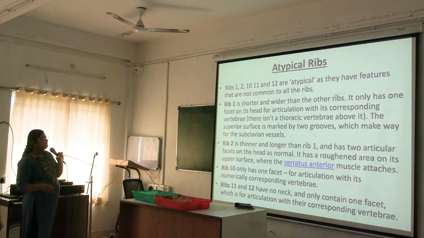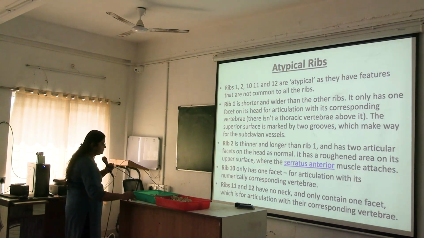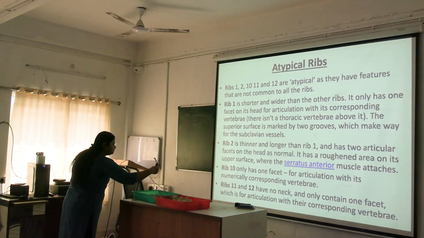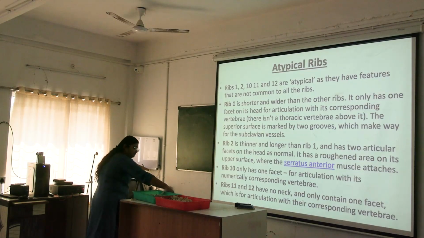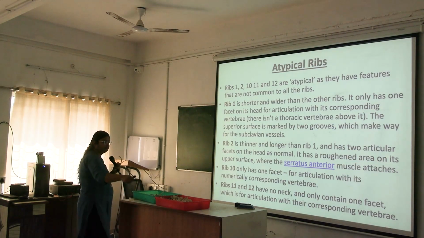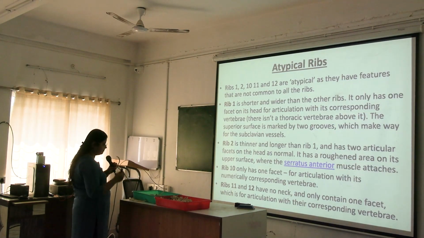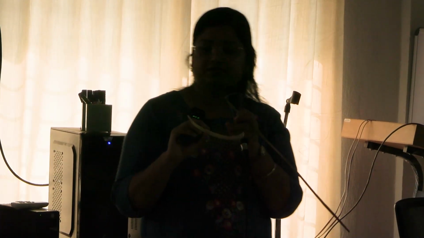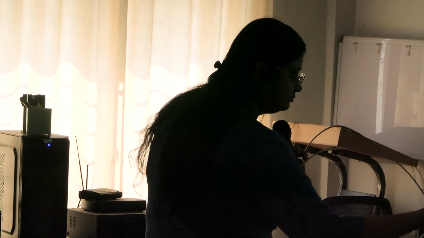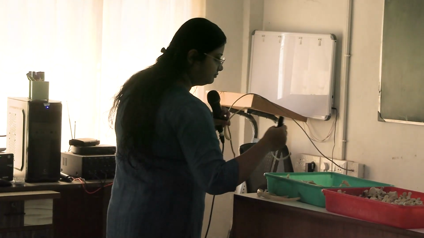Next is the second rib. The second rib is thinner and longer than the first rib. So this one is the second rib. Not this, this is the 11th.